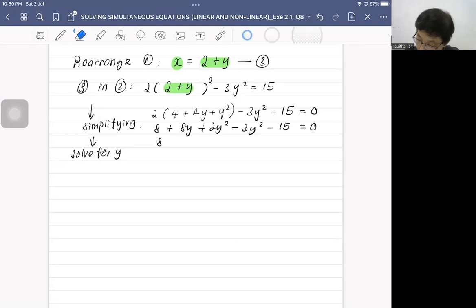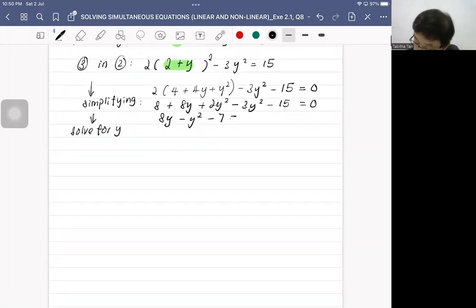Now we can combine the 8 with the minus 15. So we're going to have 8y minus y squared, and you can have a minus 7 here. 8 minus 15 gives minus 7, and therefore equals 0. It is just my preference, I see that the coefficient of y squared is minus 1.